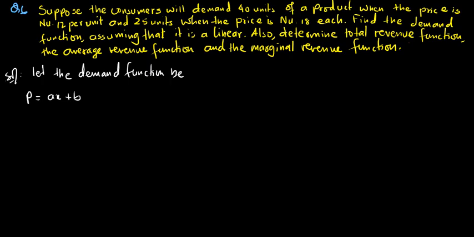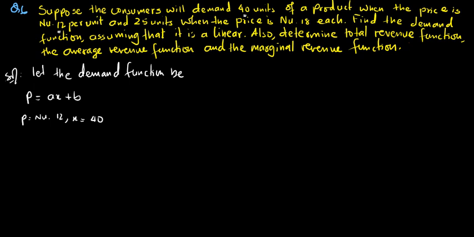Now when the price is 12 per unit, the number of units demanded is 40. So here when P is Nu 12, X is 40. Now substitute this in this equation.